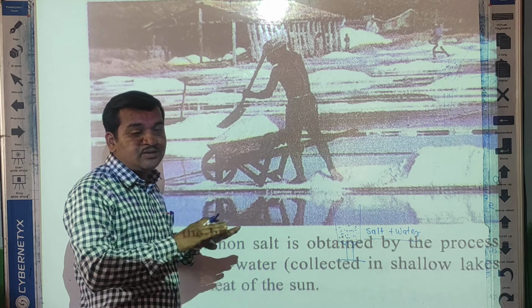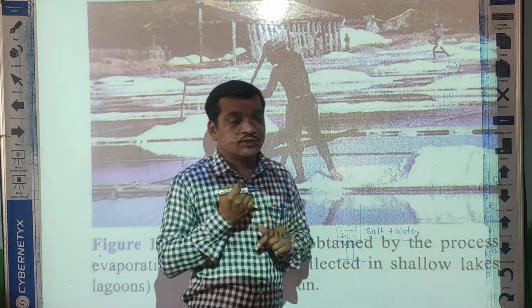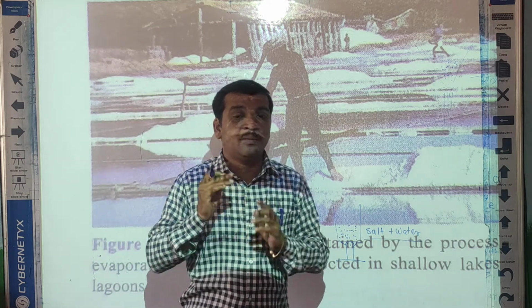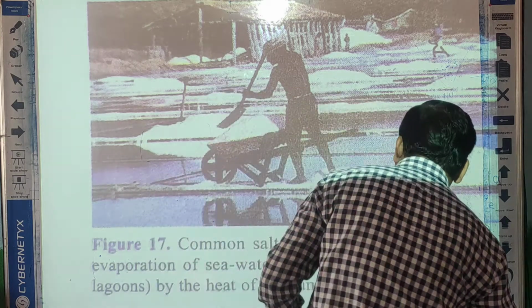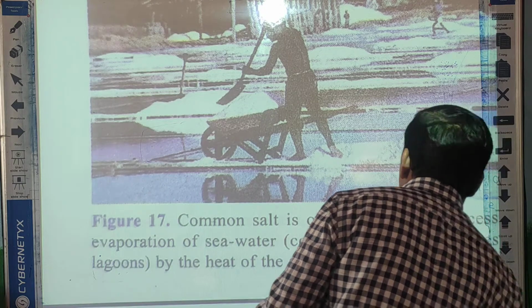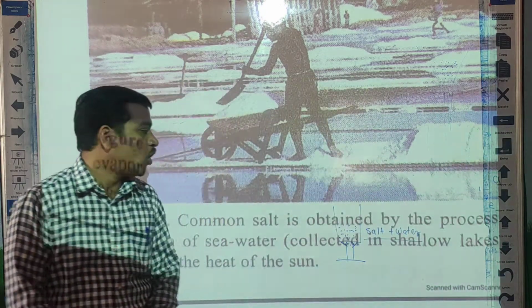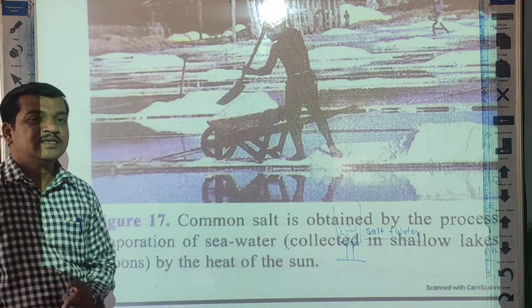In this way we get salt by the process of evaporation. Okay students, so common salt is obtained by the process of evaporation of sea water.